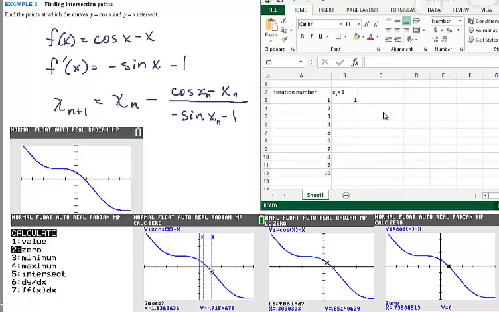Alright, I'm not going to simplify this. I am just going to plug in my 1, and I'm going to run it from there. Here goes.